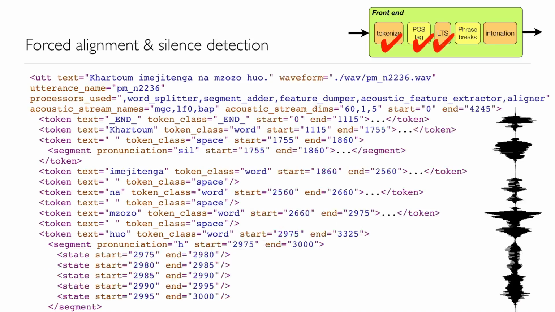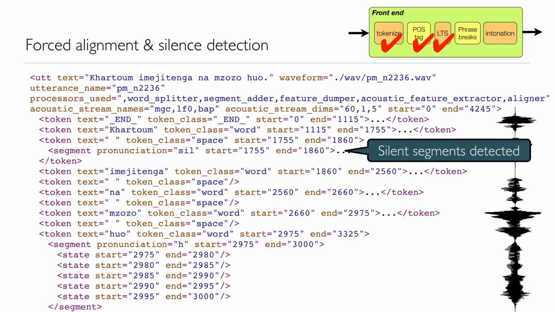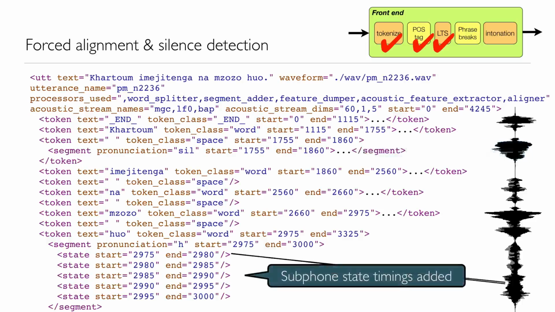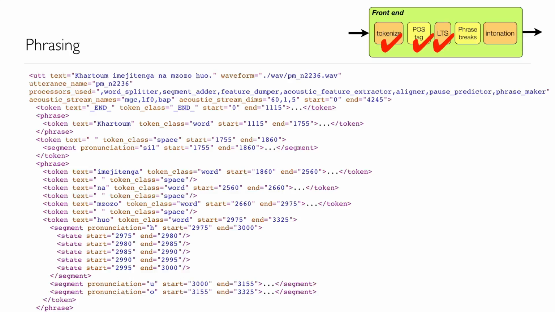At training time, we'll do an alignment with some audio, and we'll refine our initial guess about where silences probably or possibly are to saying where they actually are detected in audio. There was actually silence detected after Khartoum there. And it'll give us timings for the position of phones and subphone states in our data.